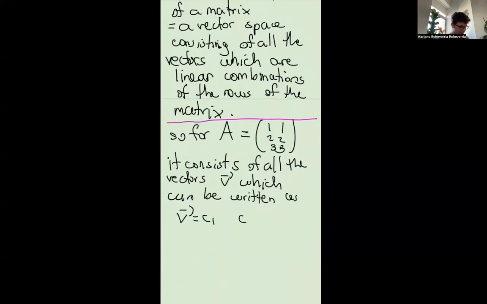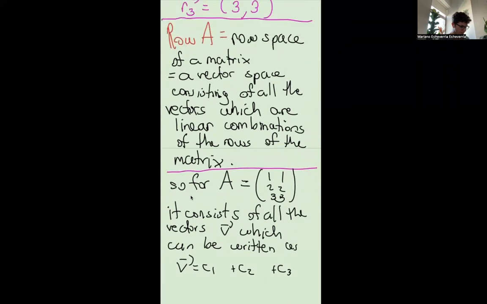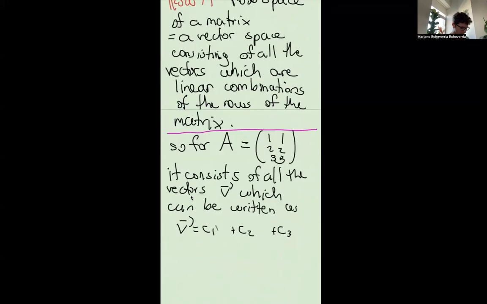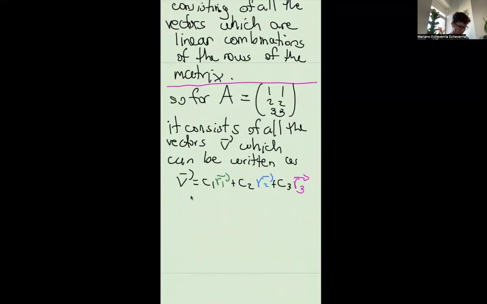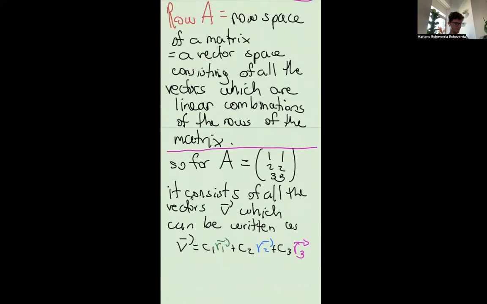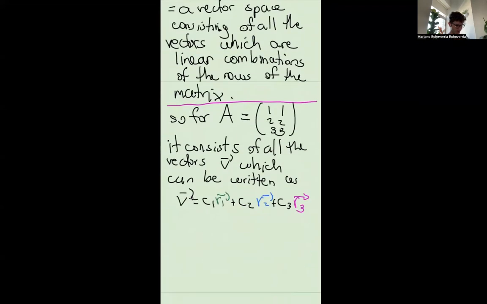So it would be C1, C2, C3 times row 1, row 2, row 3. Again, this is important to remember: a linear combination just means you have some vectors which you're adding, but before adding them, you're allowed to multiply them by numbers.